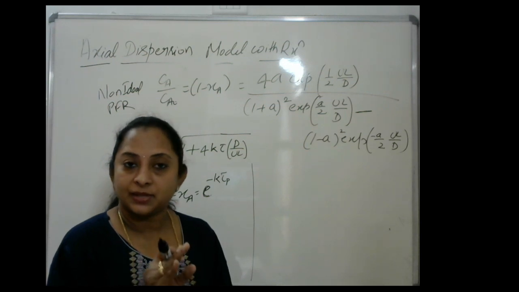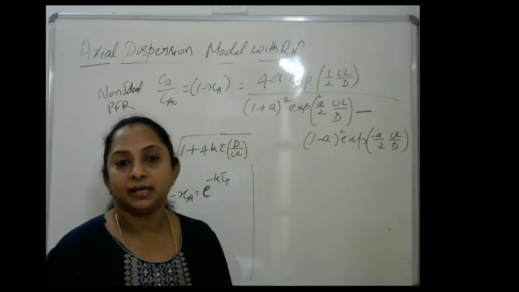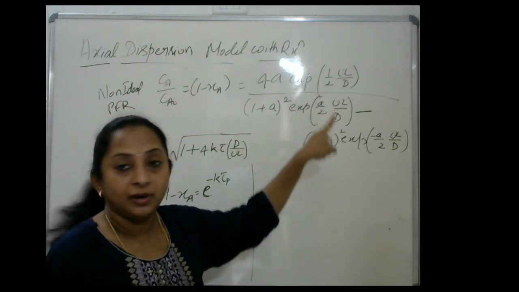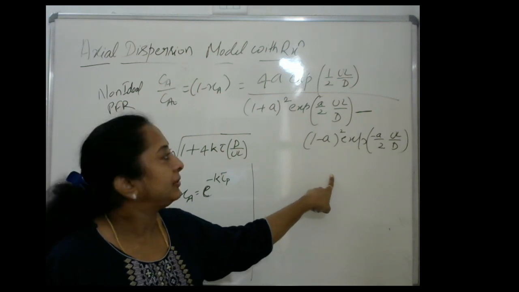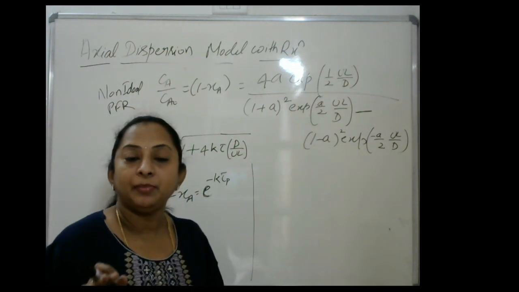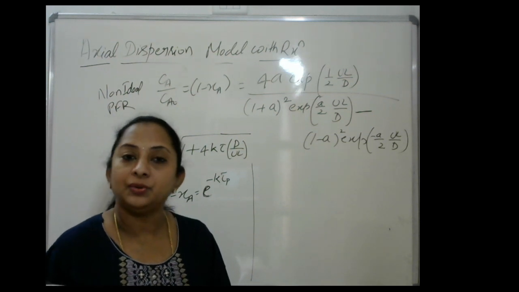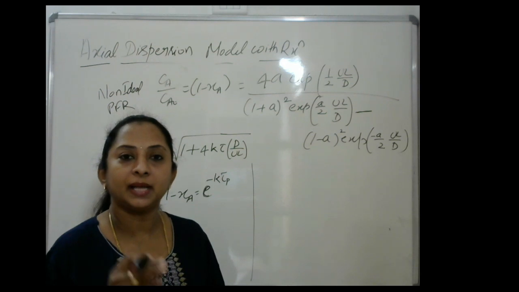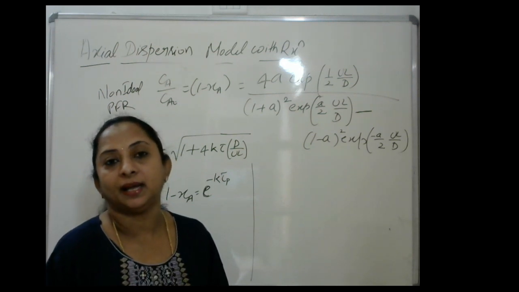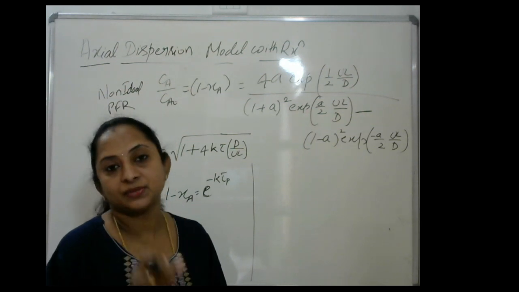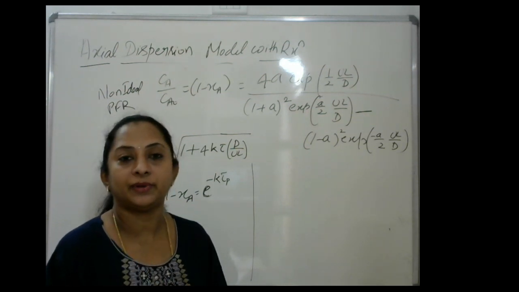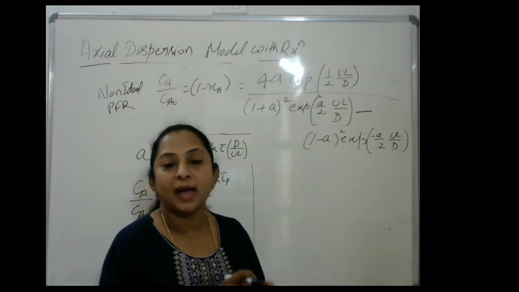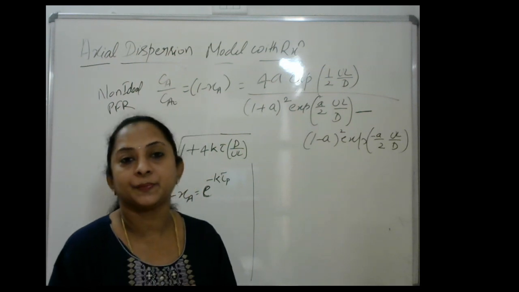They will assume the conditions and develop the mathematical equations, and after that, D by uL can be obtained for different N_Re values from the literature. After getting that, next is finding E theta, then sigma square by t bar square and the number of tanks. After finding the number of tanks, again do the back calculations to find t bar.